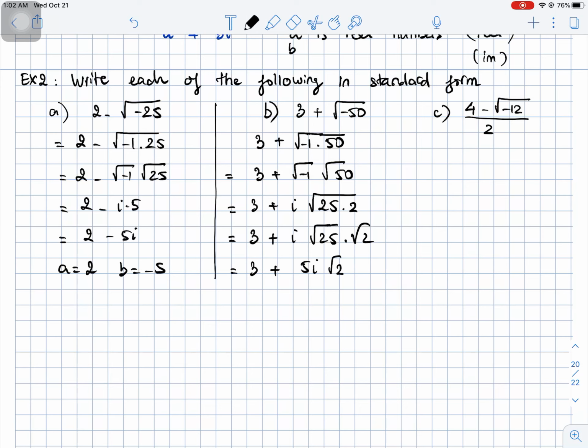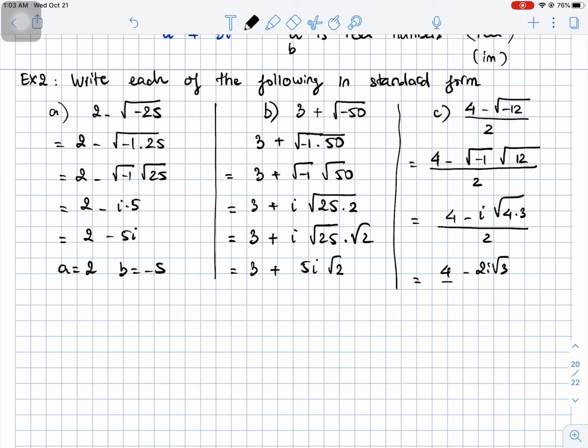So we will separate the 50 as 25 and 2, because we have two 5s the same. Then we got 3 plus i square root of 25 times square root of 2. So 3 plus 5i square root of 2.